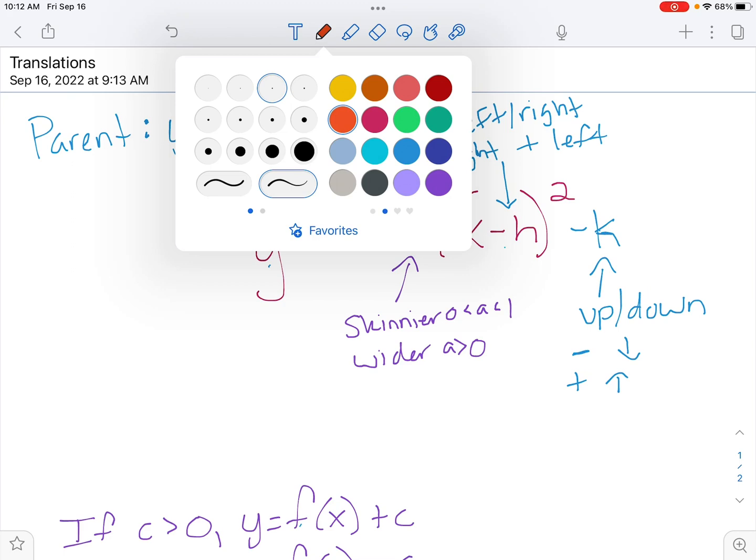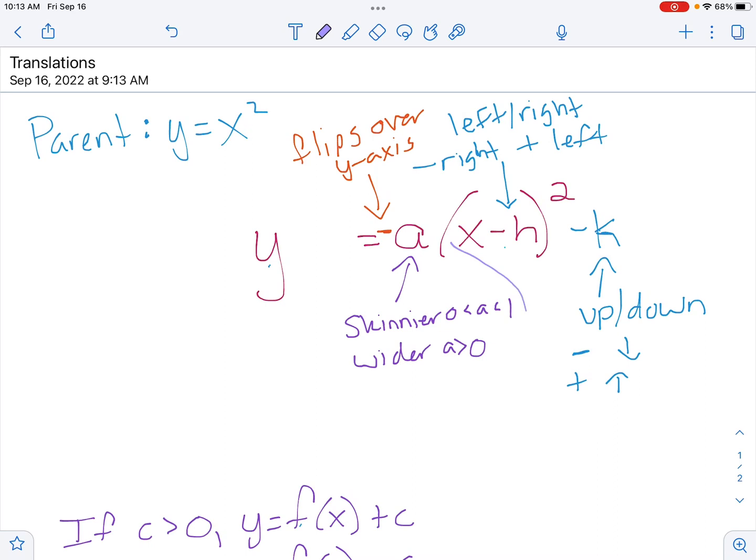Okay, if there's a number in front of the x, if that number is bigger than 1, and then we're going to be between 0 and 1, if I can write it. This one, you're going to compress and condense, so it's kind of like the skinnier and wider, except now you're going to see more pre-cal terms here.